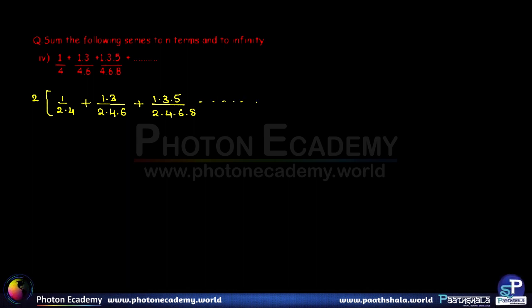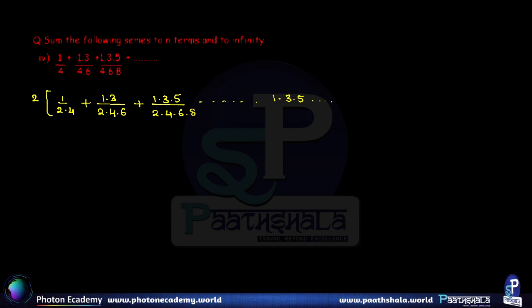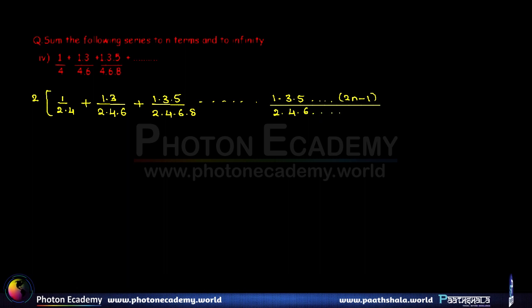So the nth term will be 1, 3, 5, and the nth odd number is 2n minus 1, upon 2, 4, 6, which will go on till the nth even number, so that is 2n plus 2.